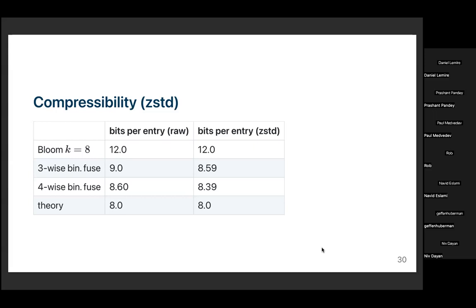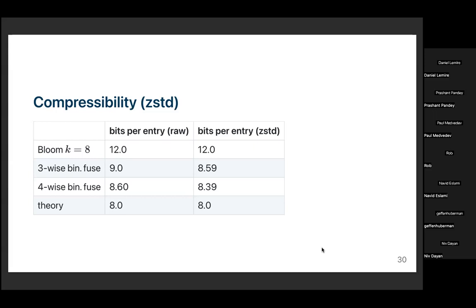But these guys, and this would be true of many of the fingerprint-based schemes, are fairly compressible. Why is that? Because all the extra capacity you have can be filled with zeros.